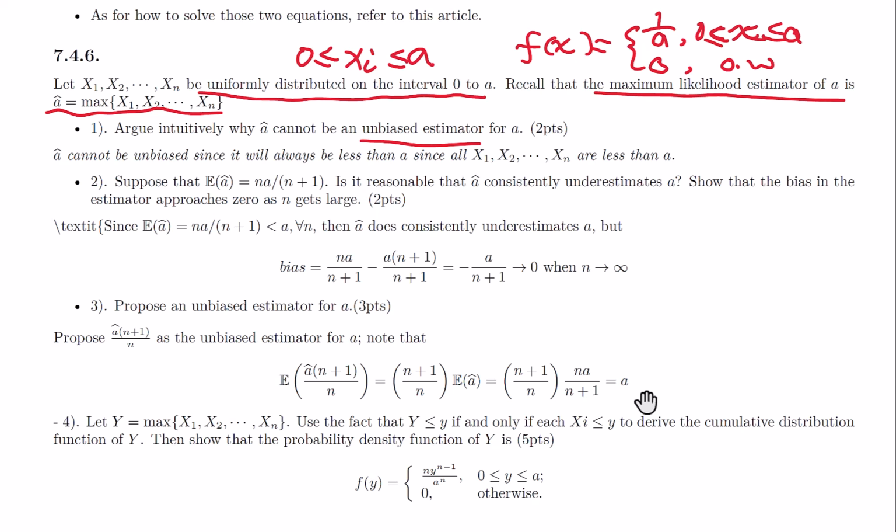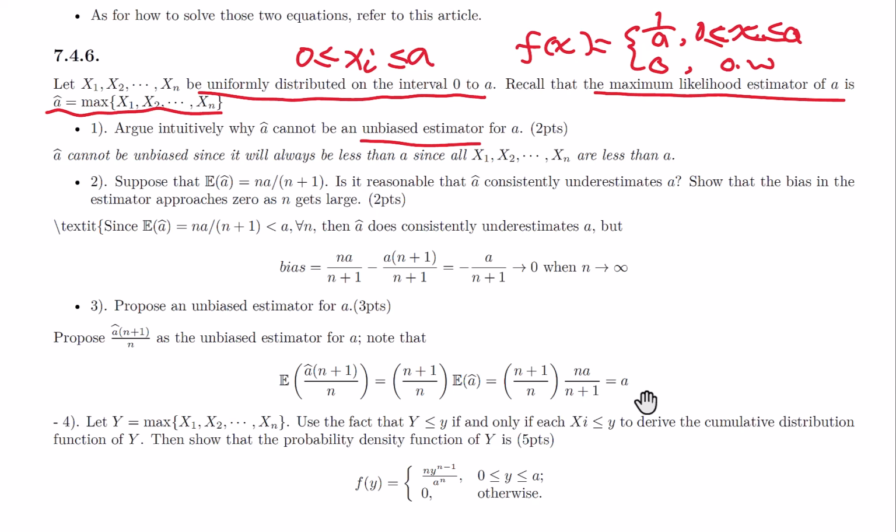So for the joint distribution of x1, x2, through xn, every xi has to be between 0 and a. That's why every one of those has to be less than a. Then the max of those n values should still be less than a.